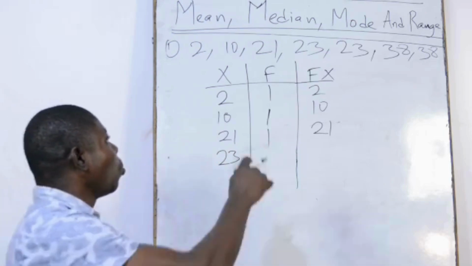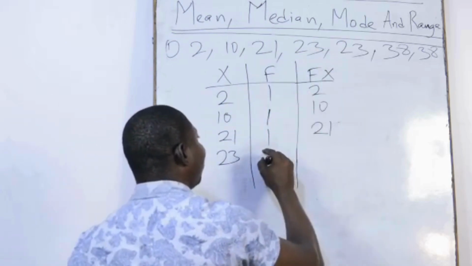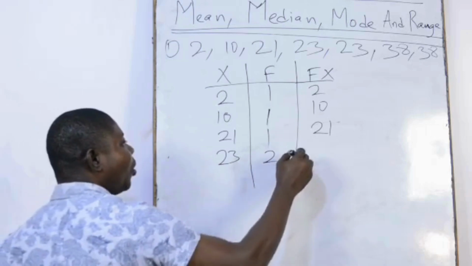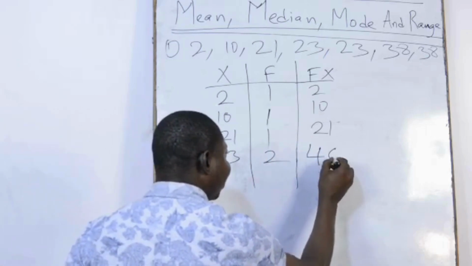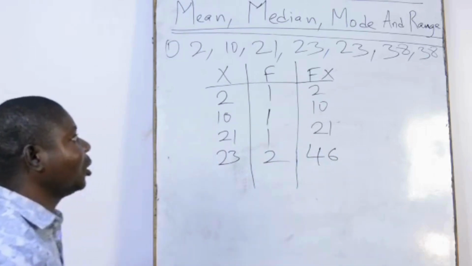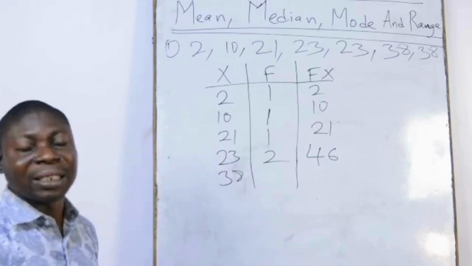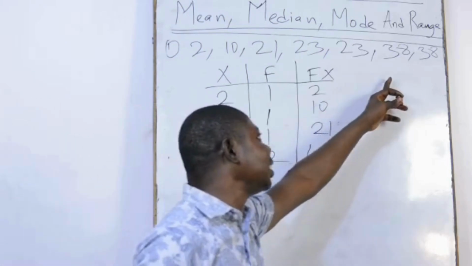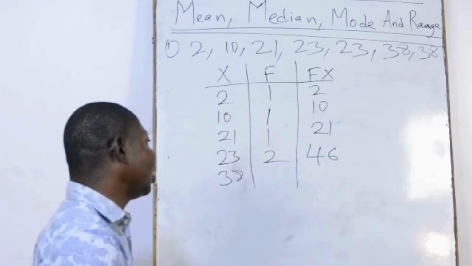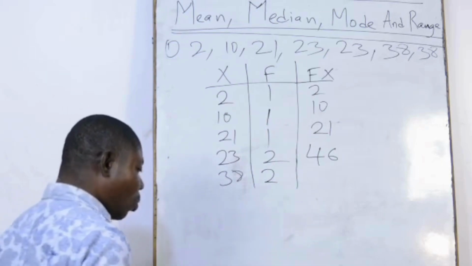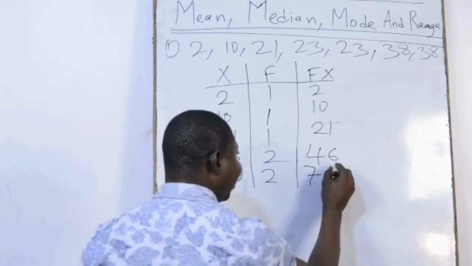We have 1, 2, so you will write 2. Then 2 times 23 will give you 46. Then followed by 38. How many times can we see 38? We can see 2. So 2 times 38 will give you 76.